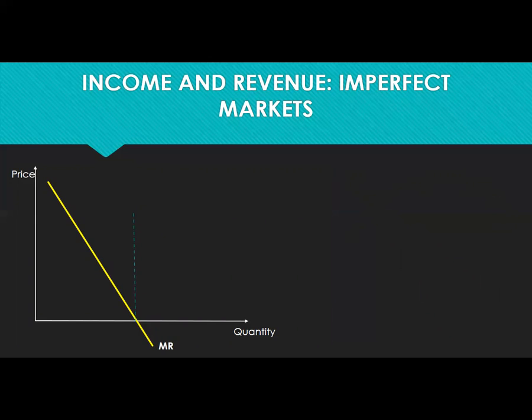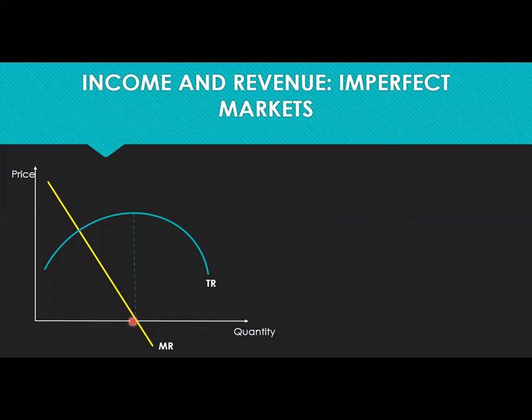Just for interest's sake, let me show you this. The moment your MR curve intersects with your x-axis and becomes negative, this is also your point where your total revenue curve starts to decrease. So, increasing the quantity by decreasing your price leads to an increase in revenue all the way up until your marginal revenue reaches your x-axis or is 0.